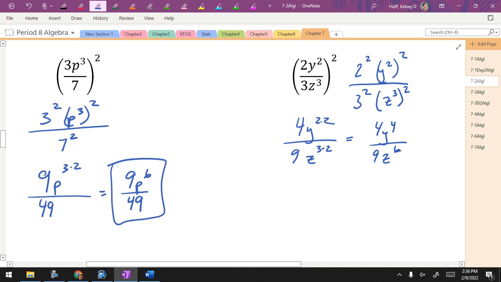I got 4y to the fourth divided by 9z to the sixth. Good? Yes? No? Yes?